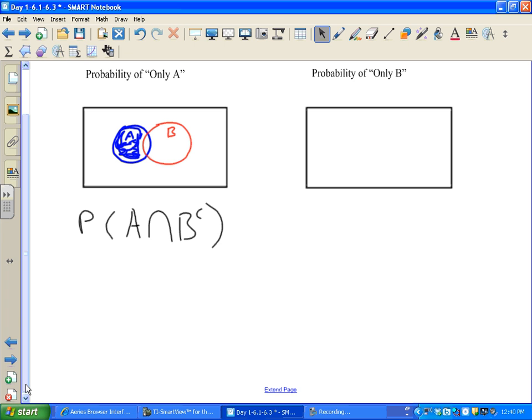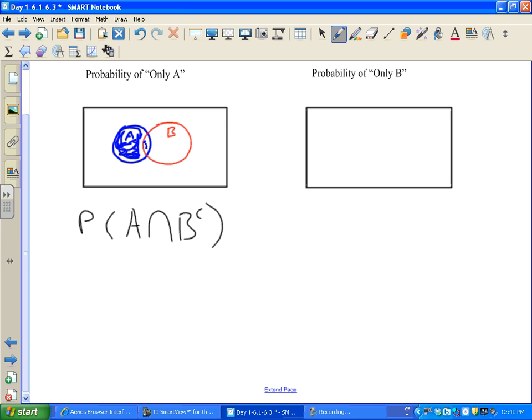Hopefully you're reading this bottom line that says the probability of A intersected, another name for intersection is and. So the probability of A and everything that is what? Not B. So if we think of everything that's not B, that's everything outside of my red circle. If I think of everything that's A, that's everything inside of my blue circle, including that part.